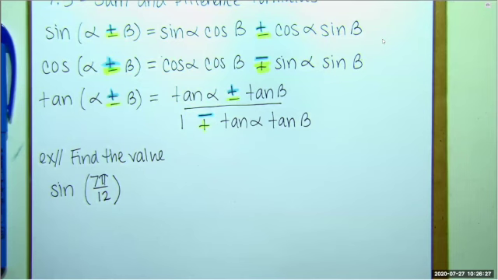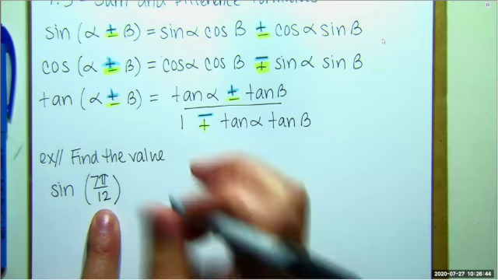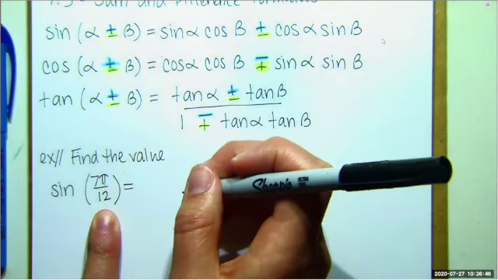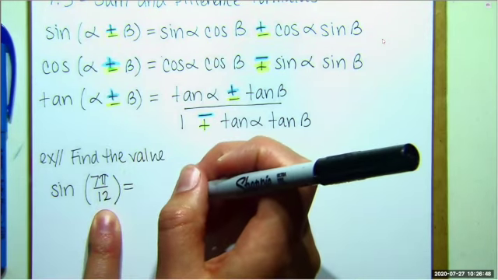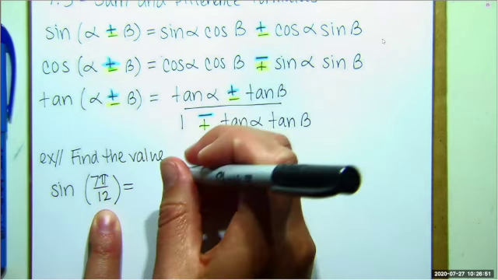Now, there are an infinite number of ways to rewrite this. Okay, so I'm going to show you what I picked. And if other numbers pop into your head suddenly, that's fine too. There's an infinite number of ways to rewrite this as a sum or difference of angles that we know how to do by hand. Okay, so what I like to do, I'll do this in radians and then I'll also show it to you in degrees, and you're welcome to do it either way.